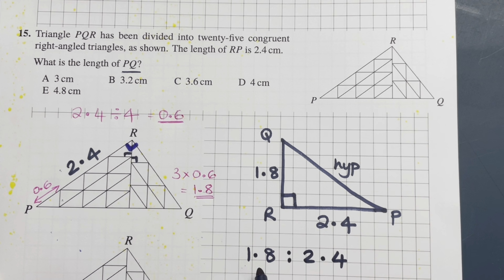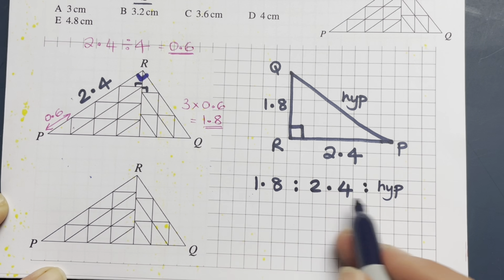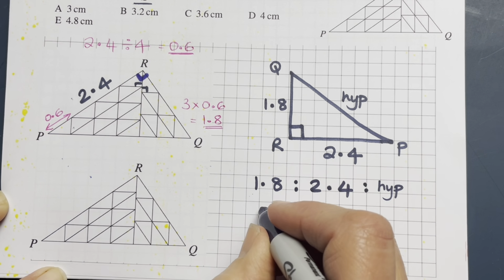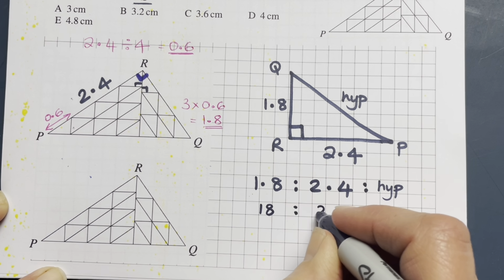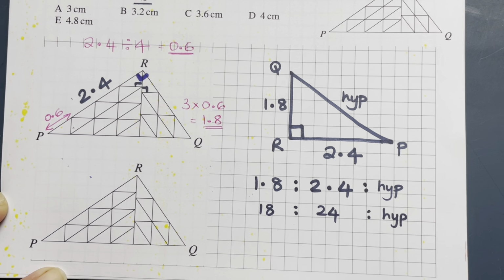So we've got a ratio of 1.8 to 2.4 to a hypotenuse, and we don't know what that is. That's what we're trying to find. Maybe I can make it easier by multiplying them by 10 to get rid of those decimal points. 18, 24, and the hypotenuse.